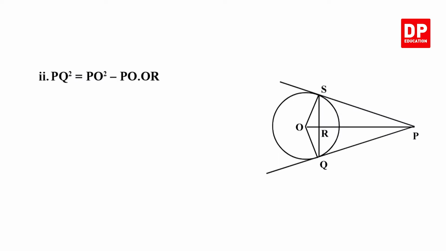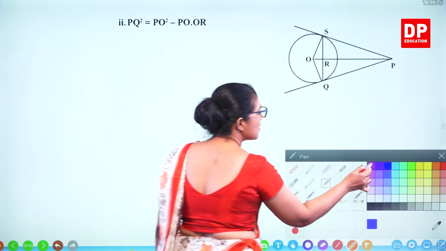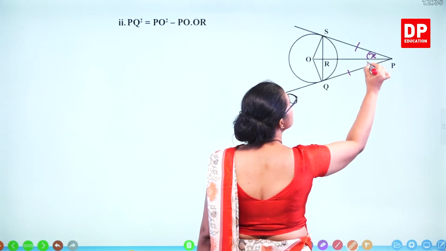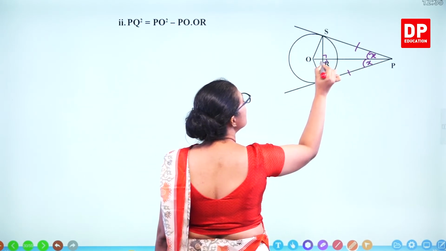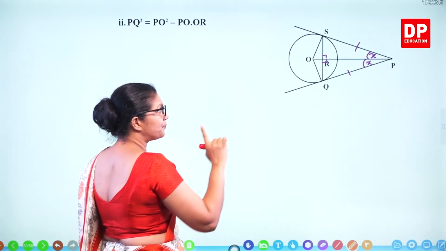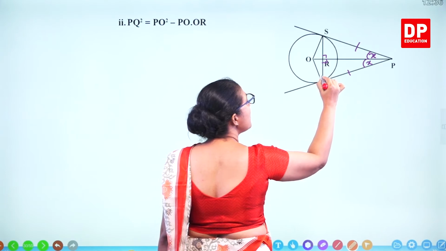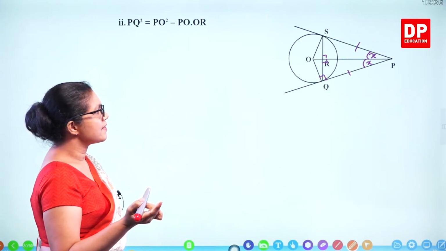PQ squared is equal to PO squared and this one. So we'll look at these things now. We know this is equal, this is X, and we found out this is perpendicular, and we know PQ and OQ lines are perpendicular, tangent and the radius.